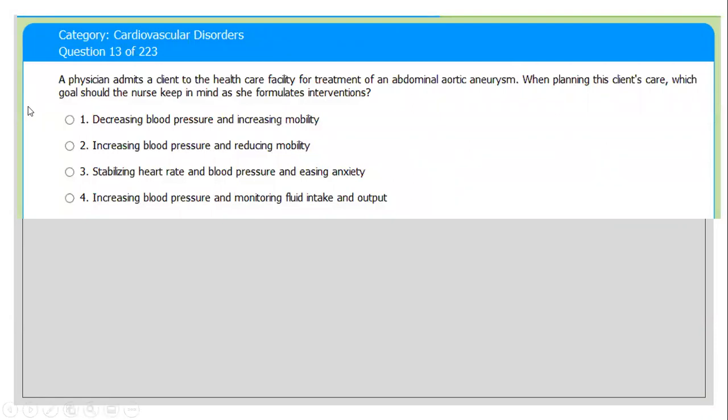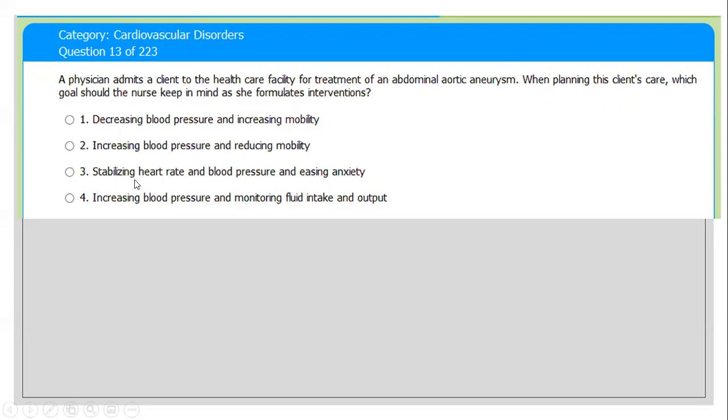Next question. A physician admits a client to the healthcare facility for treatment of an abdominal aortic aneurysm. When planning this client's care, which goal should the nurse keep in mind as she formulates interventions? Number 1, decrease blood pressure, increase mobility. Number 2, increase blood pressure, reduce mobility.